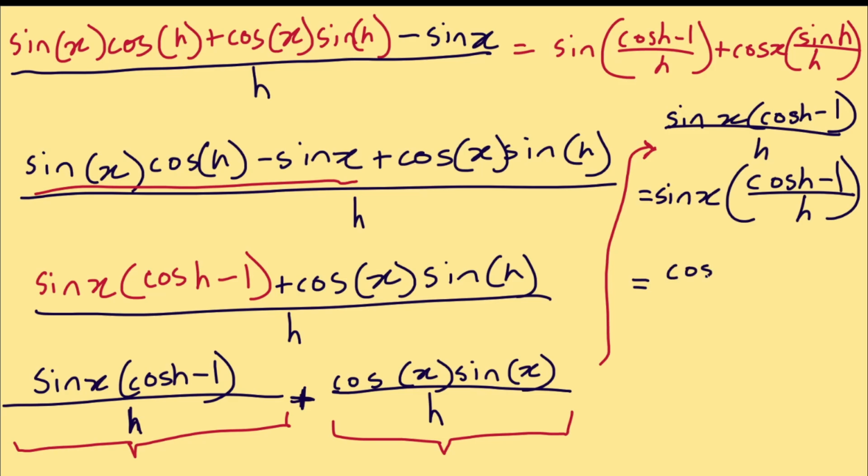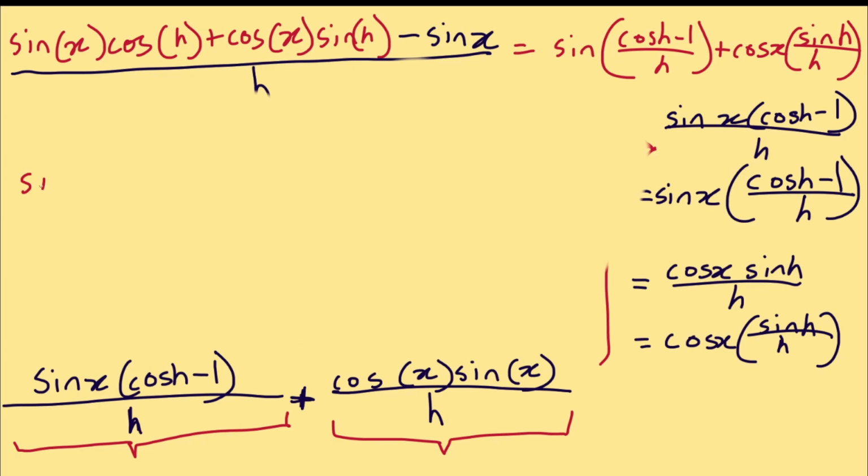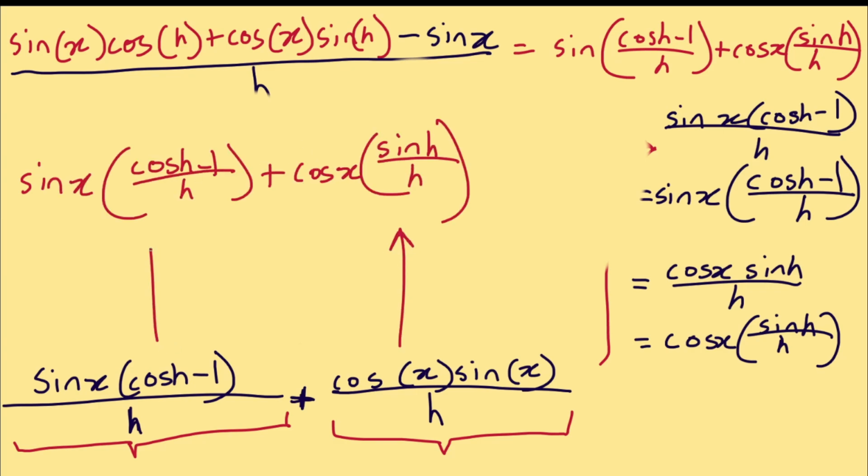So cosine x sine h over h, if you factor out the cosine, it becomes cosine x times sine h over h. And now, once you put everything together, you get the answer you were looking for. So we just proved this trig identity.